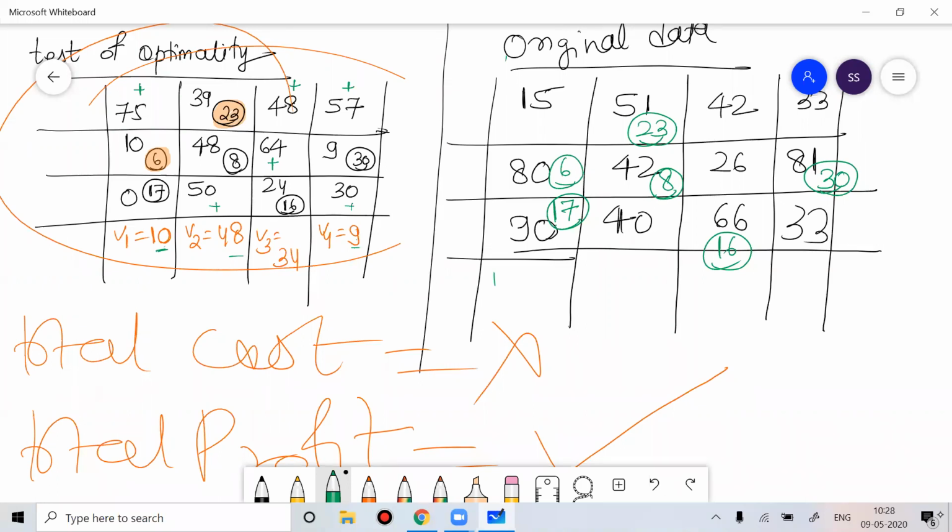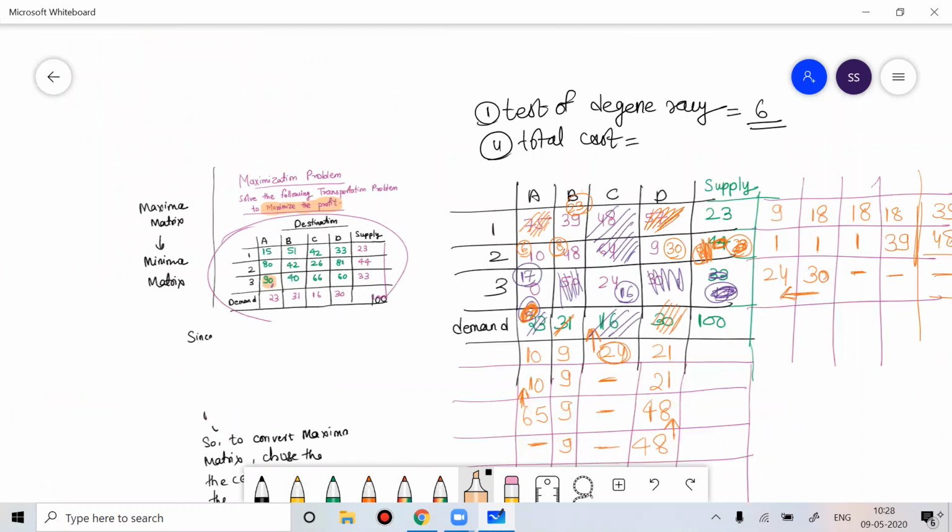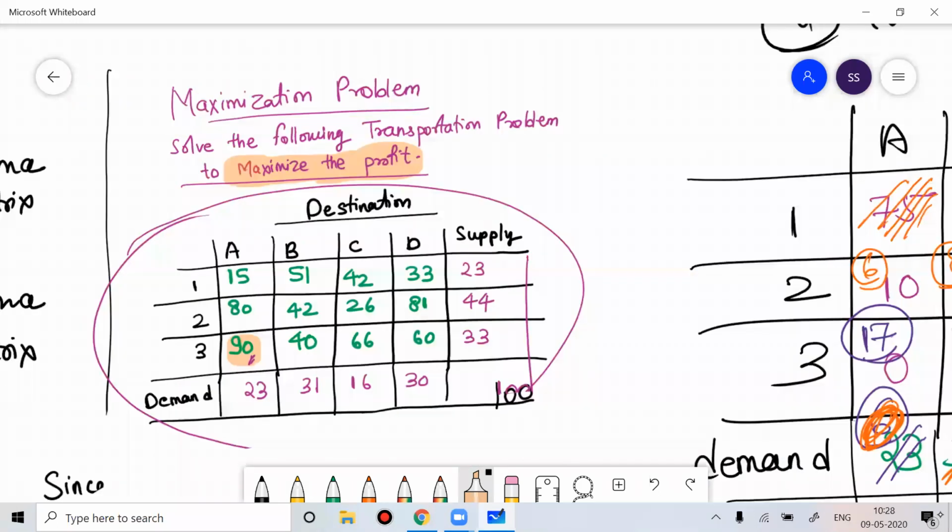Because these were the allocations, and for this problem, you had to find the total profit. If you remember in this problem, what you have to find?